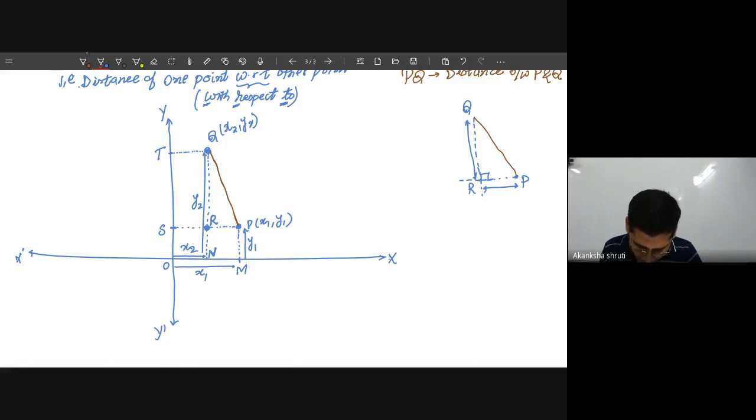If I am able to calculate this length, then we are able to get this length. Both are the same thing. So this PR is the same as MN, and this can be calculated just by taking the difference of their abscissa, means x1 minus x2.